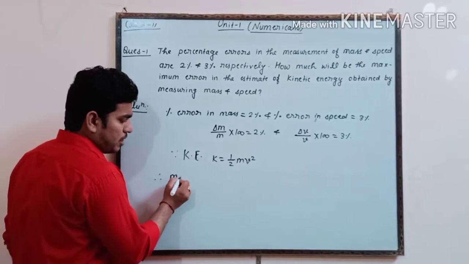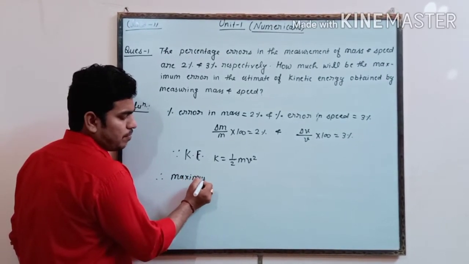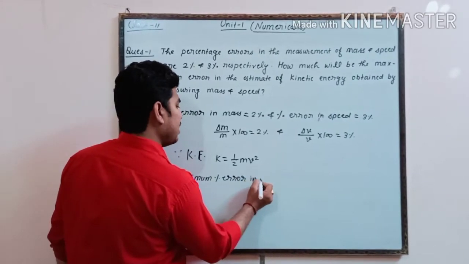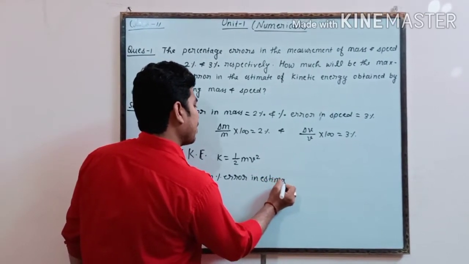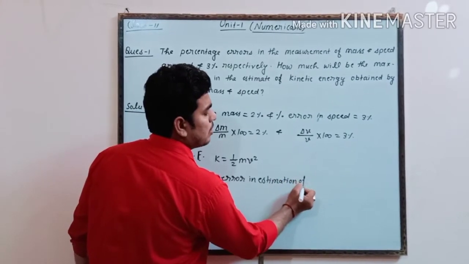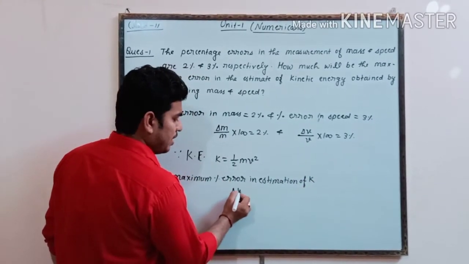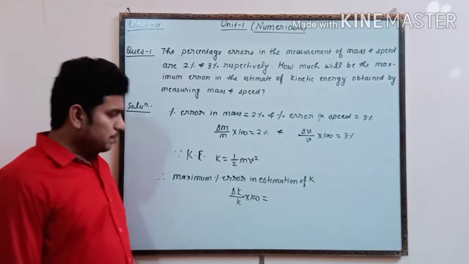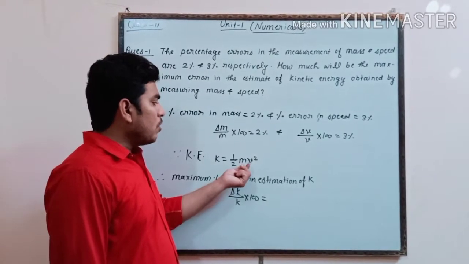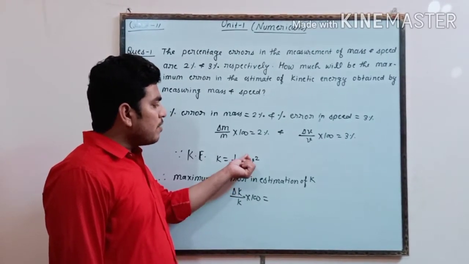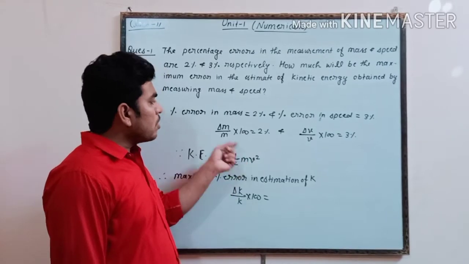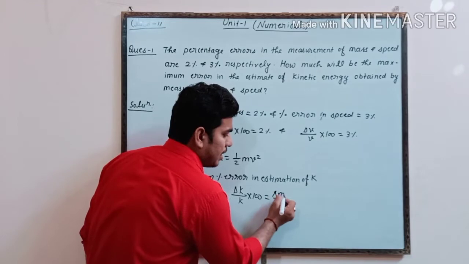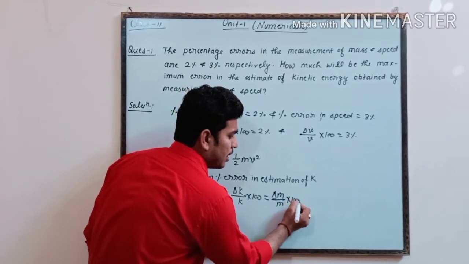So for maximum percentage error in estimation of K, that will be delta K upon K into 100. क्या होगा कि जितने भी आपके कंपोनेंट्स हैं उन सब में परसेंटेज एरर के सम के इक्वल होगा. इट मीन्स delta m upon m into 100.